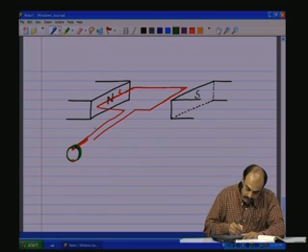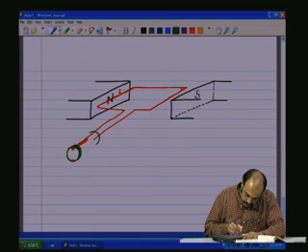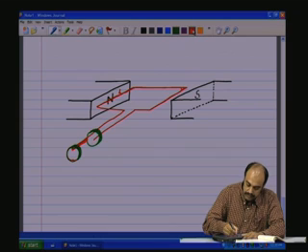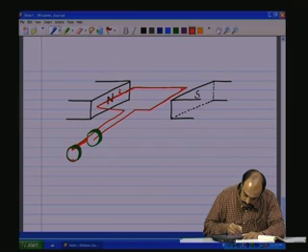Likewise, let me also have a ring for the other wire also. And let me solder this to this.